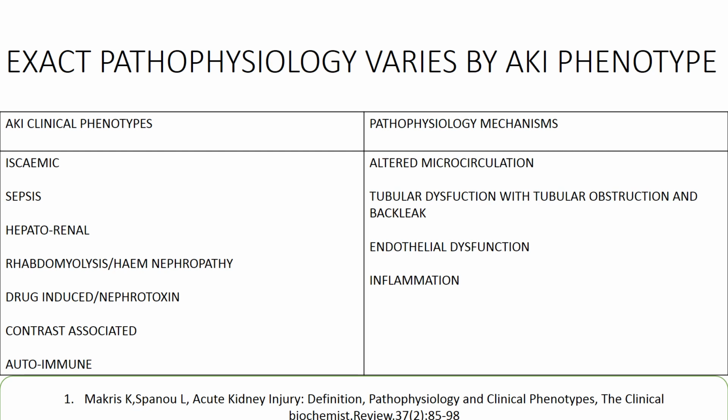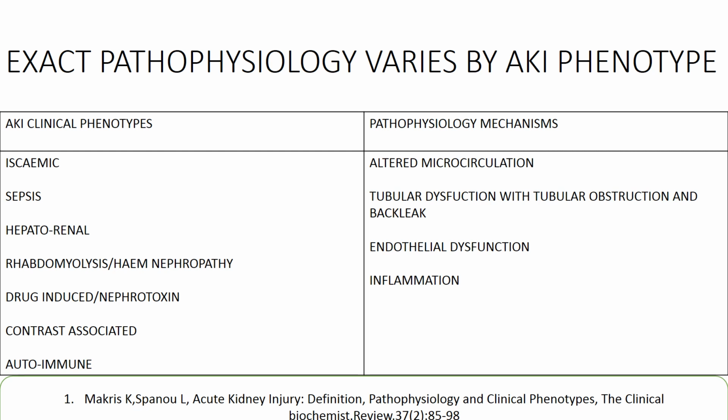You can get AKI, as I've said, from ischemia, from sepsis, from hepatic dysfunction, from rhabdomyolysis. It can be because patients have received contrast. It can be because they've taken drugs that are nephrotoxic, or indeed it could be because of an autoimmune process. So the exact pathophysiology tends to vary depending on the exact cause of the acute kidney injury.